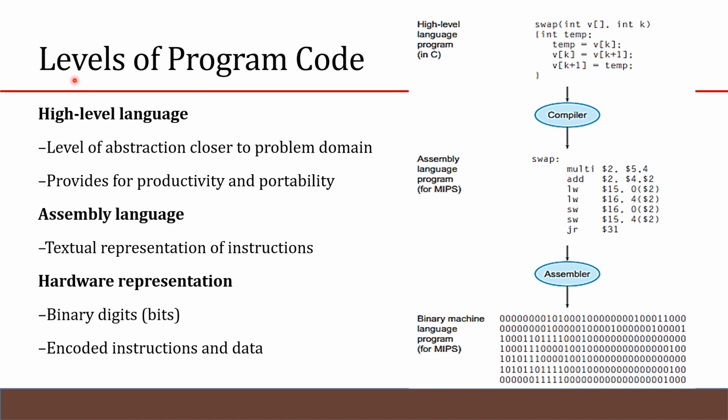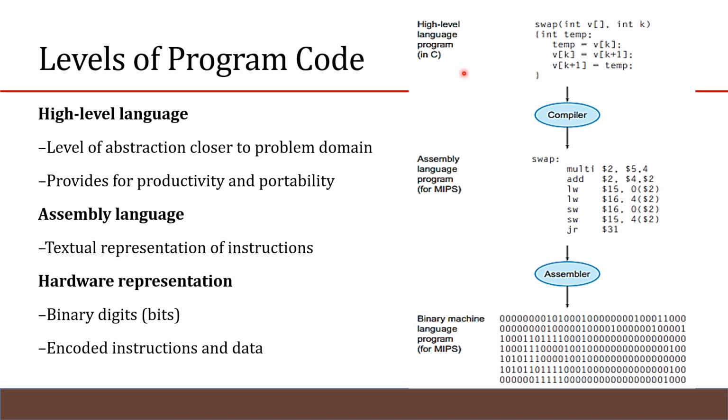Now let's discuss the various levels of program code. We can have three levels: the high-level language, assembly language, and the binary language. The high-level language provides the higher level of abstraction, and the binary language provides the lower level of abstraction. The high-level language is a programming language that allows the programmer to write programs which are independent of a particular type of computer.